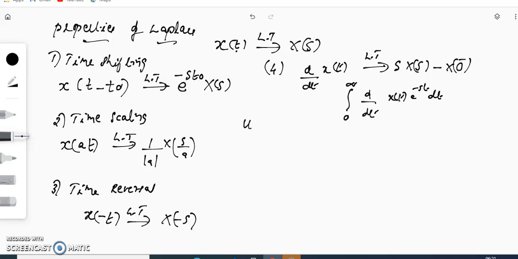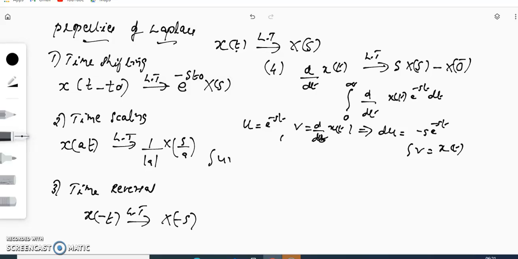So let u be e raised to minus st and let v be d by dt of x of t. Which implies, what is du? du is minus s into e raised to minus st, and what is integral v? It is equal to the integral of the derivative of x of t, which is equal to x of t itself.